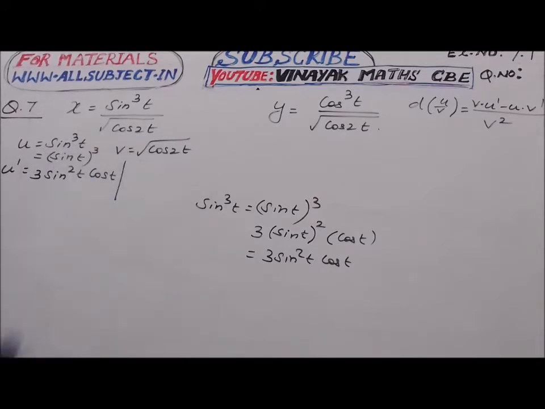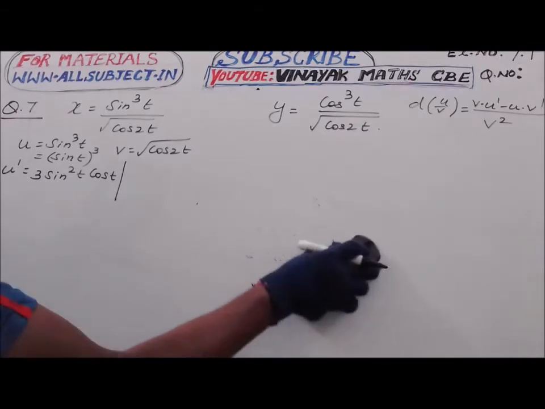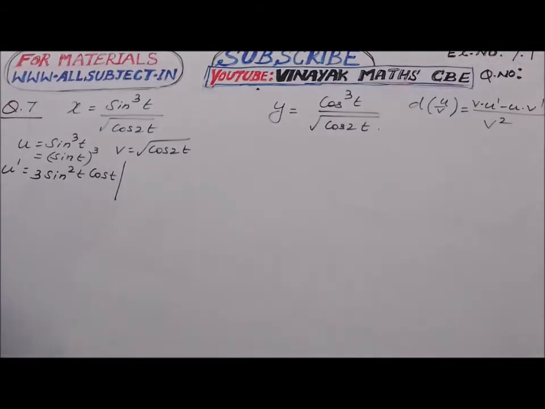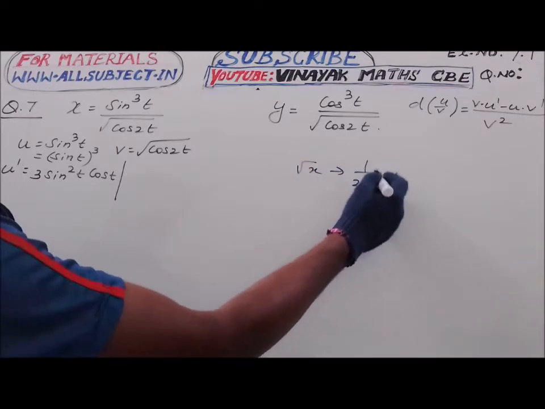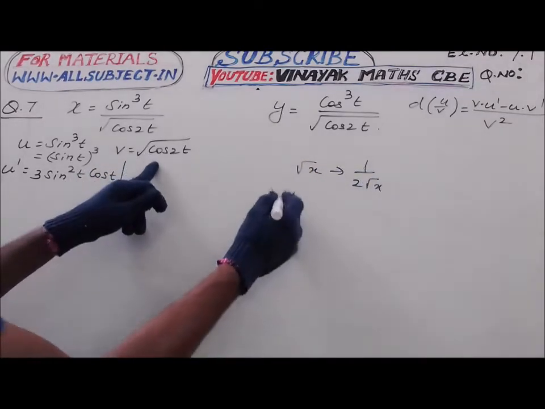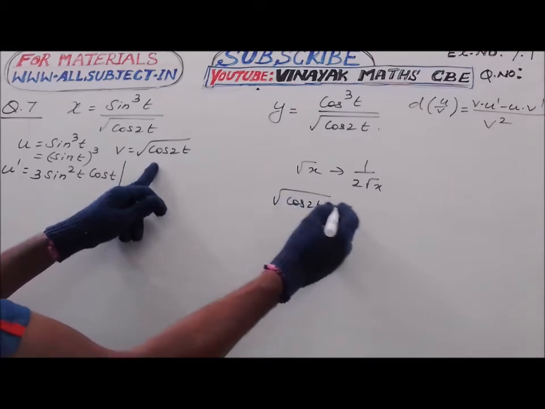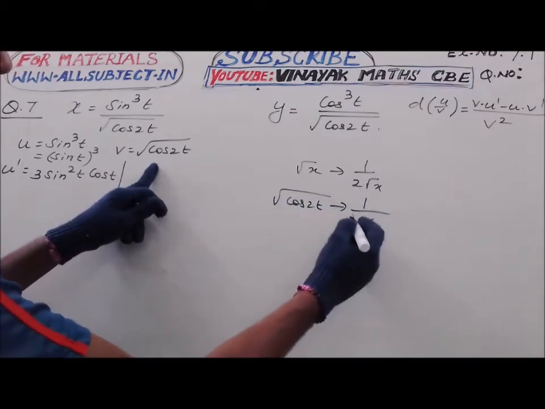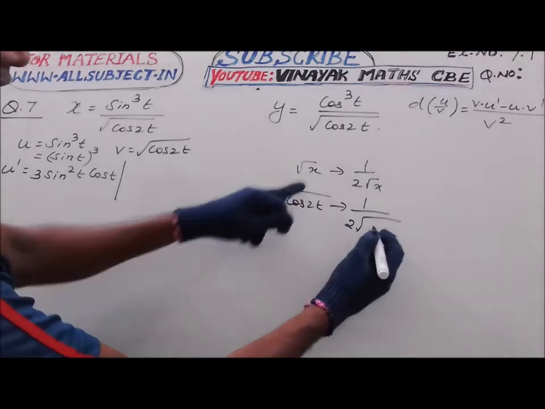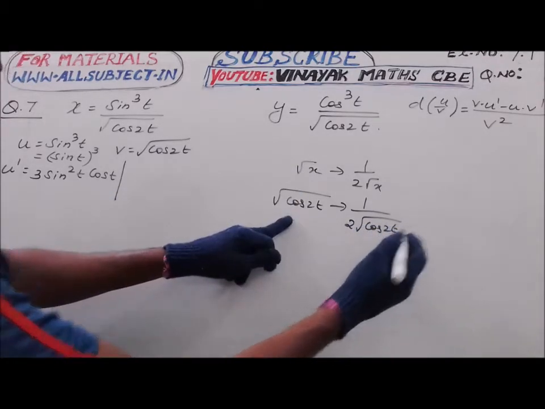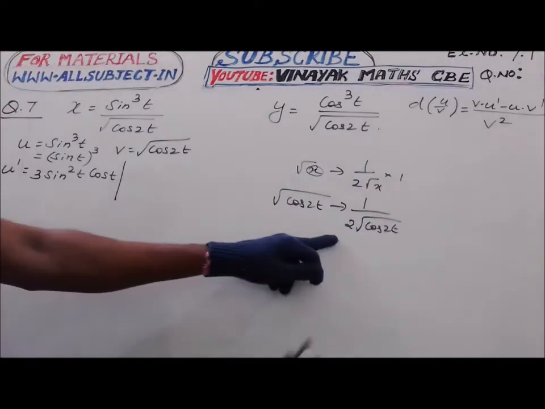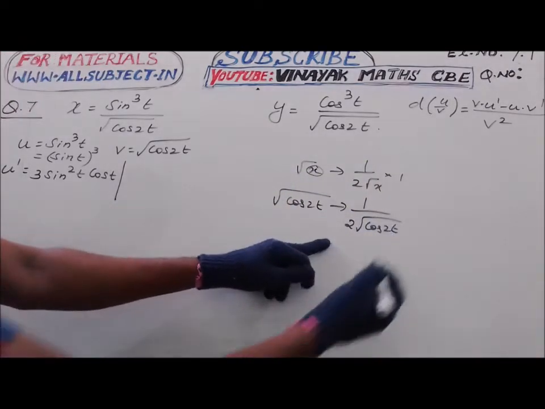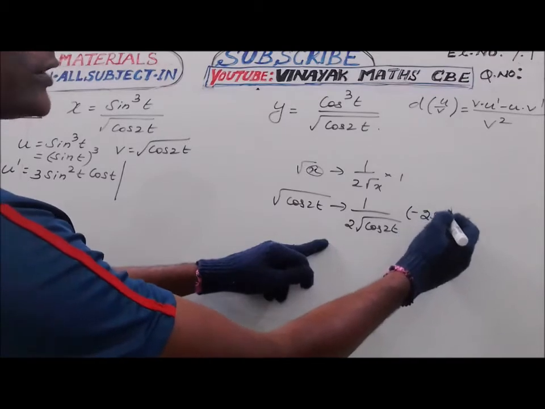And now we are moving to v dash. v is root of cos 2t. Derivative of root x is 1 by 2 root x. So derivative of root of cos 2t is 1 by 2 into root of cos 2t, instead of x we have cos 2t. When we differentiate this x again, it will be 1. Here differentiating cos 2t, we have minus 2 sin 2t.